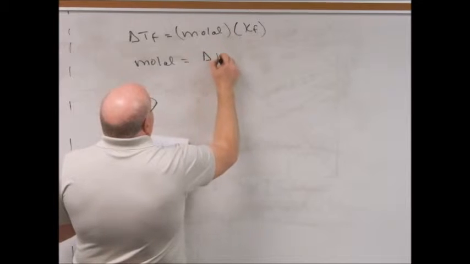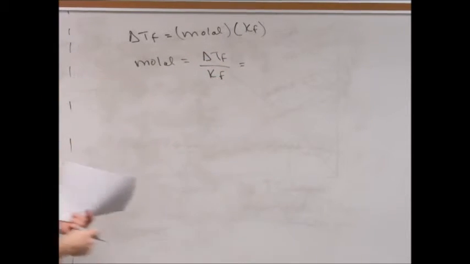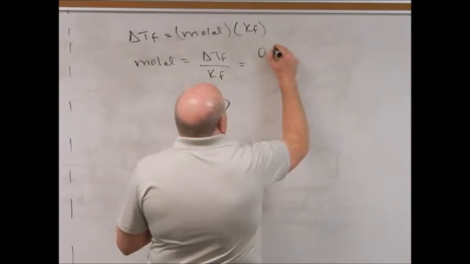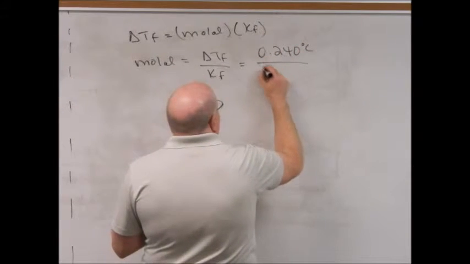Molality is delta Tf divided by Kf. We substitute in what we know. Delta Tf is 0.240. Kf is 5.12.